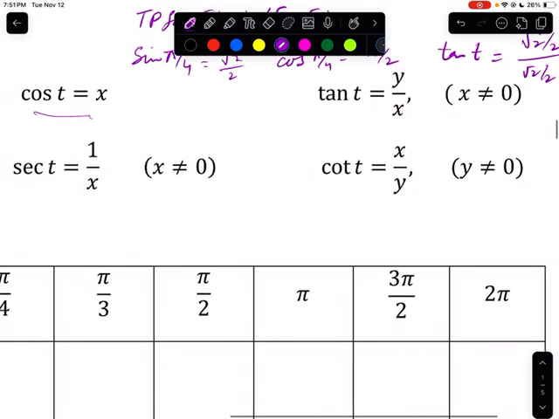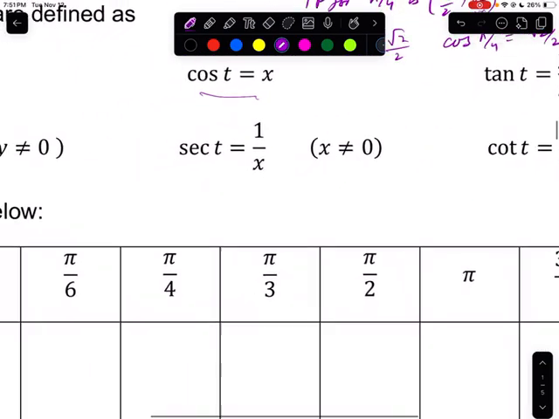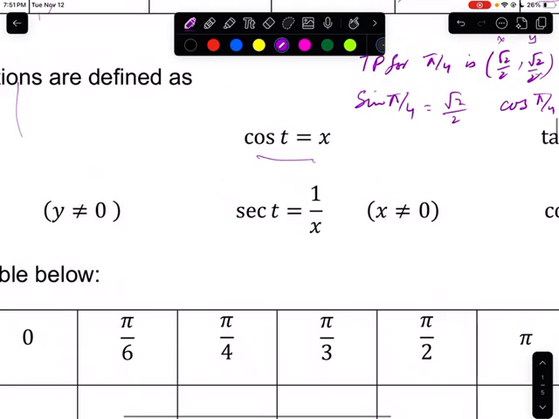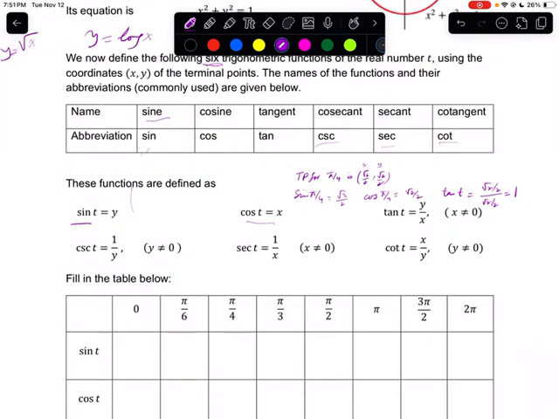These are the main 3: cosine, sine, and tangent. The other ones are reciprocals of these. Cosecant is equal to 1 over y, so it is the reciprocal of the sine. We can also say that cosecant of t is equal to 1 over sine of t.